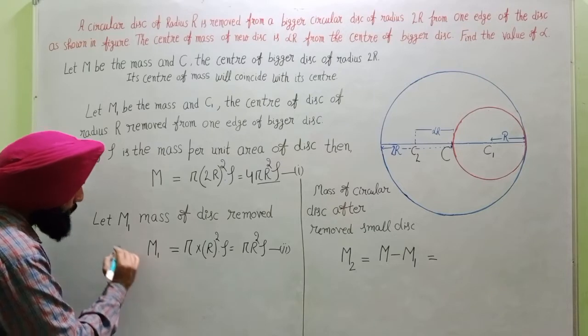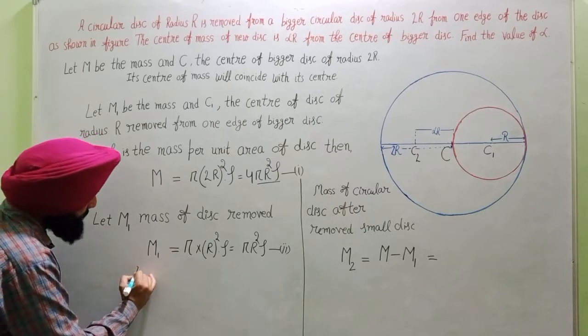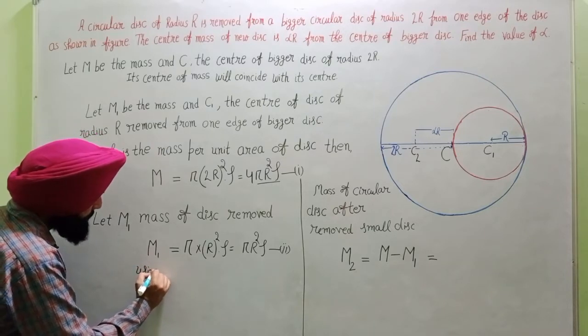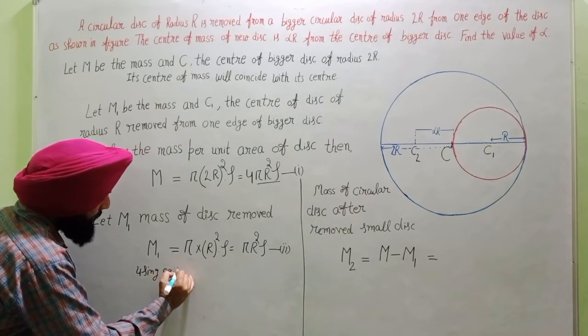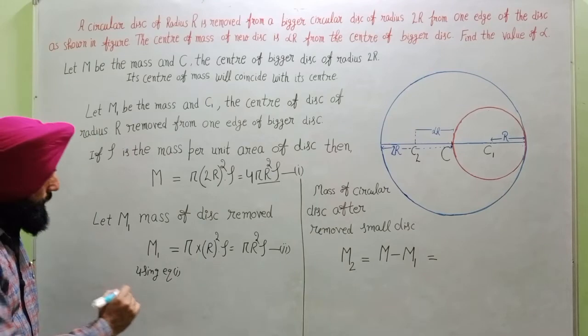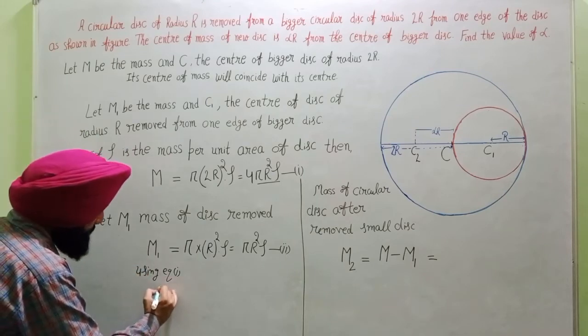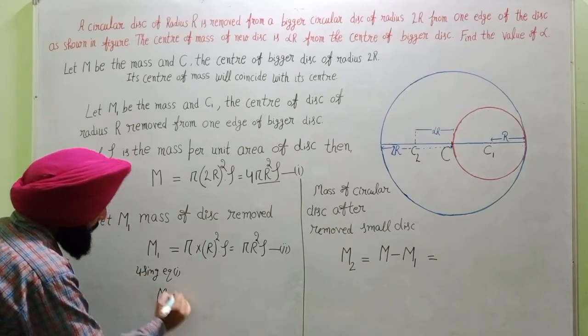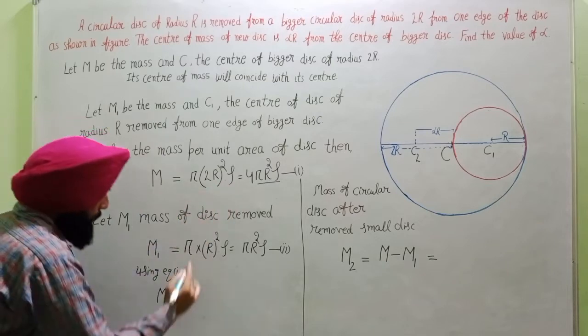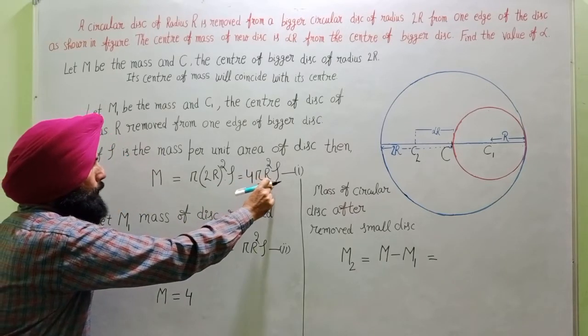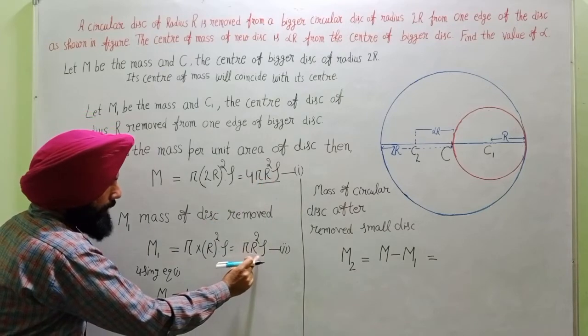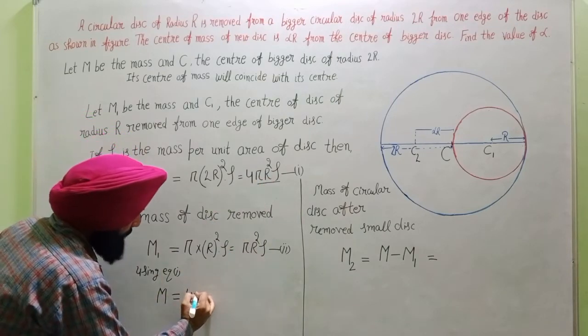So using equation 1, M equals 4 pi R square into rho. Pi R square into rho, that is M1.